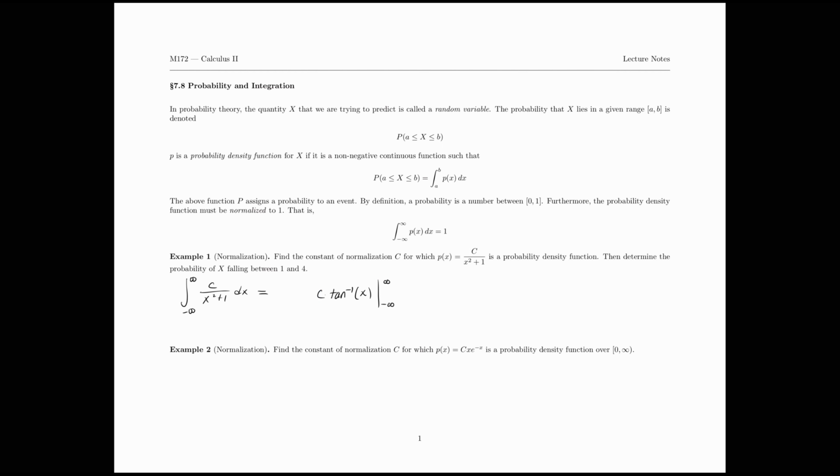What I should do is have a limit as r goes to infinity of this expression, and replace these with negative r and r, respectively. There we are. Now we can evaluate the antiderivative without plugging in infinity. So this is c times the inverse tangent of r minus the inverse tangent of negative r.